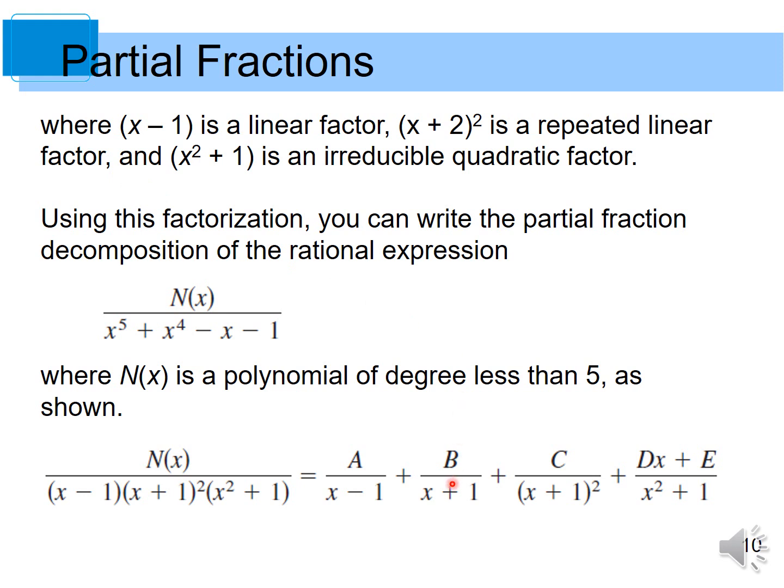So we have B over x plus 1 plus, again, because it's repeated and the order is 2, so again C over x plus 1 squared. And the last factor, x squared plus 1, is not repeated, so plus Dx plus E over x squared plus 1.